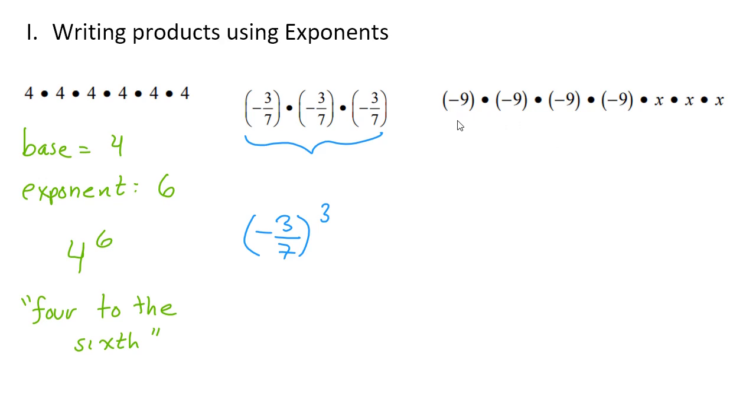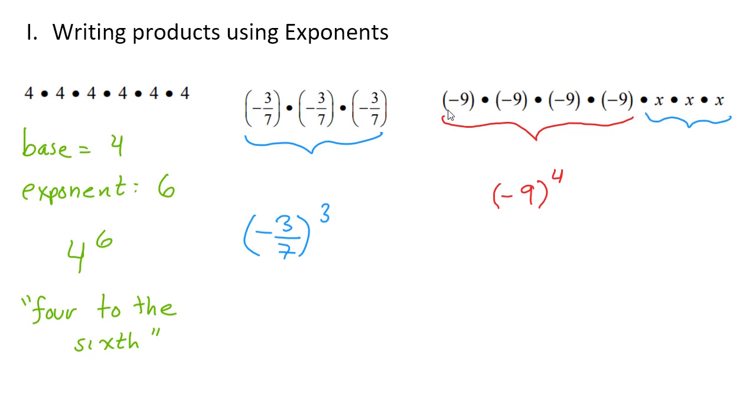The third one over here, I have two different bases. Okay, this is one of the bases, and this is the other one. So the negative 9 is being repeated. I'll keep it inside of parentheses. So that is my base. Now negative 9 is being repeated 1, 2, 3, 4 times.